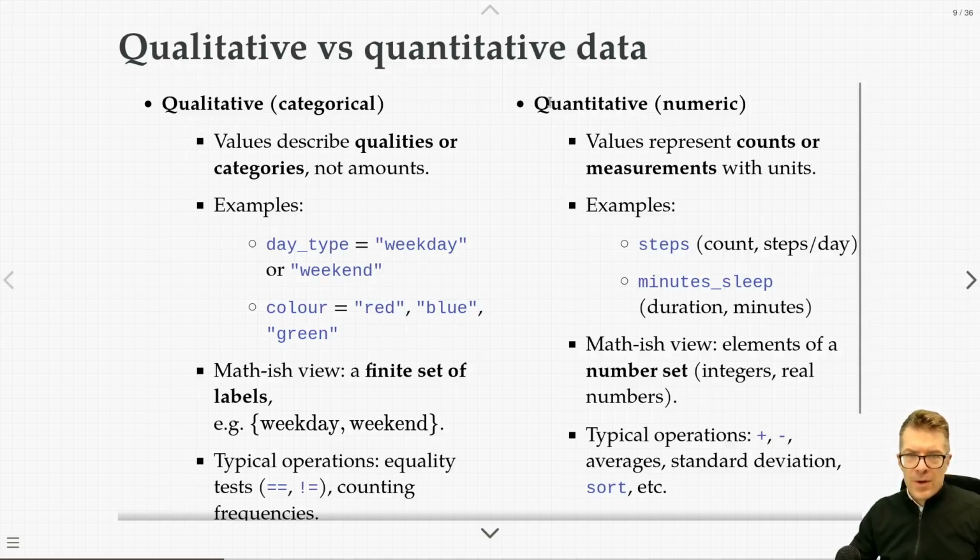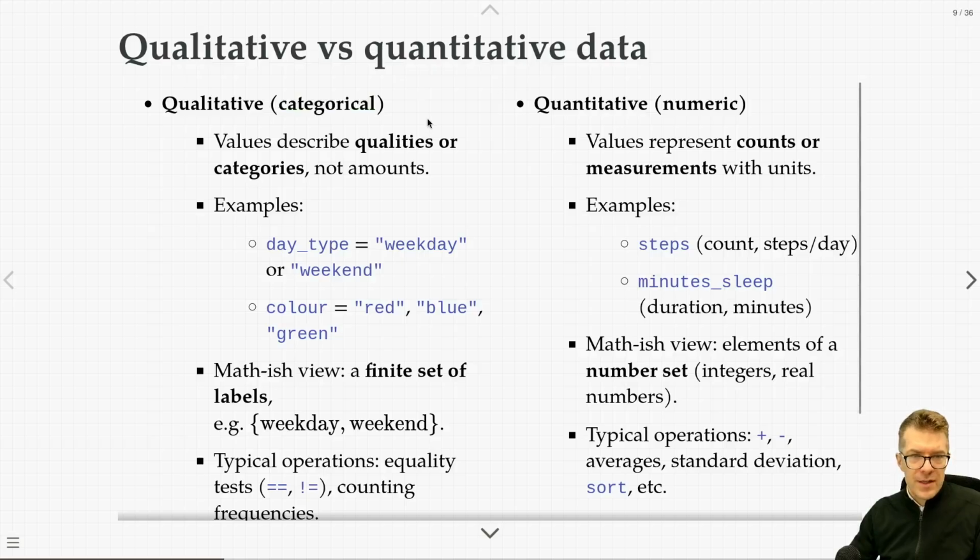If you're having trouble remembering these names, just remember that quantitative sounds like quantity. Quantity is numbers, therefore quantitative is numeric. Qualitative has the same root as quality. Quality basically defines the manner of something, how it categorizes or the type of something.